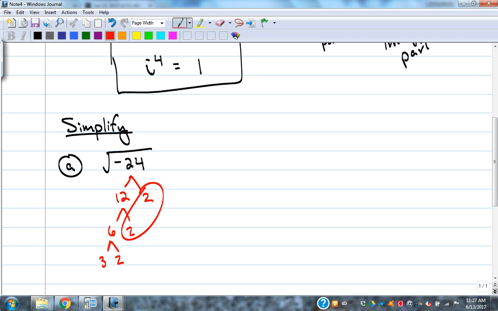But the negative on the inside means an i comes out. Anytime there's a negative in the square root, you can always pull i out of the radical. And then 6 will be left on the inside because it's 3 times 2. So 2i radical 6 is the simplified version of the square root of -24.